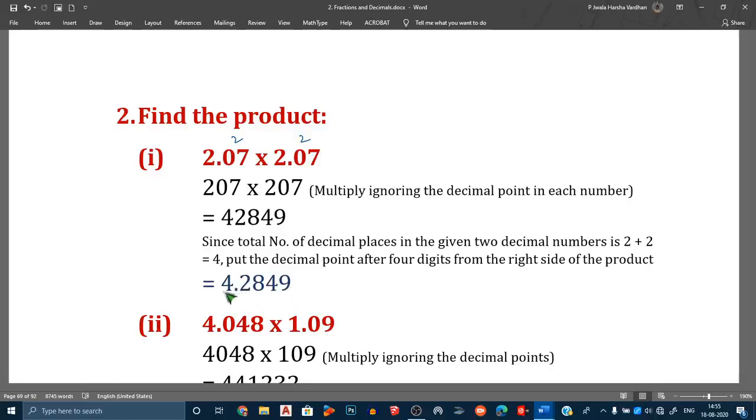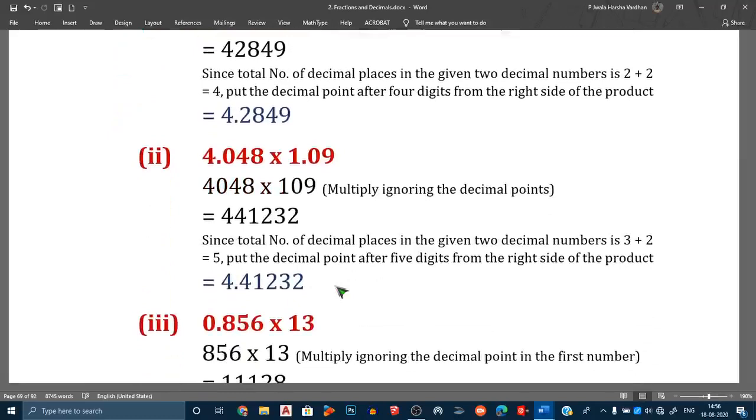If you put the point from the left side, it will become 4,284.9. That is wrong. You will not get 4,000 by multiplying 2 into 2; you will get 4 only. So 4.2849.